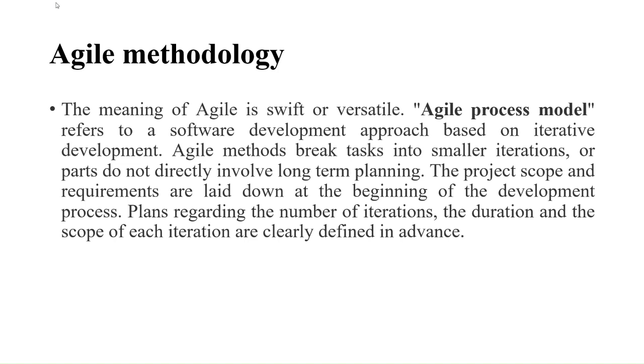First, the agile model takes one task, and after taking the one task, it breaks down the task into smaller parts or smaller iterations. After completing one task, it moves to another task. In the agile model, it follows that pattern.